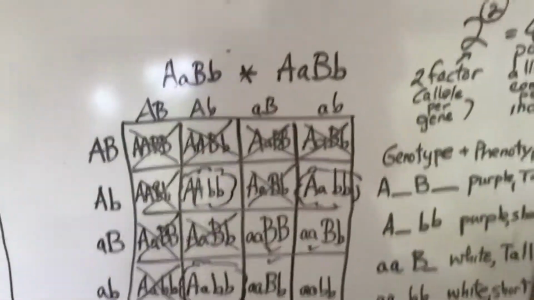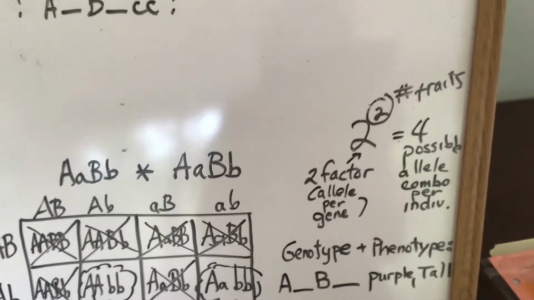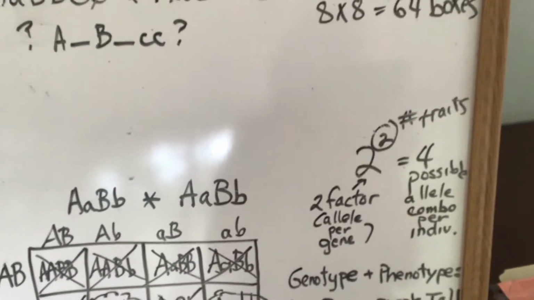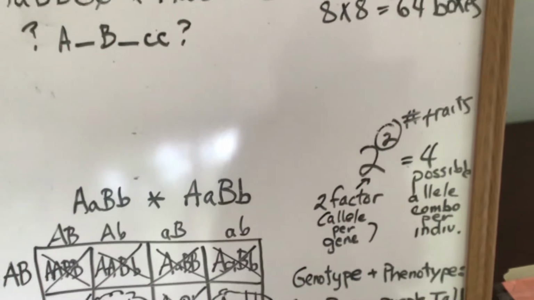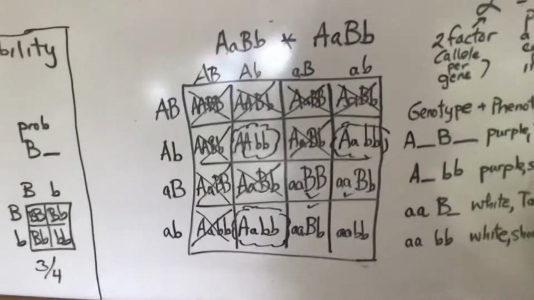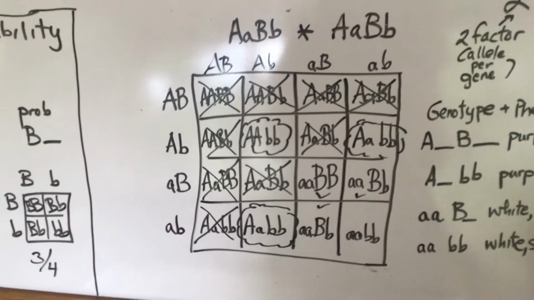So I have a maximum of 2 factors, and then I raise it to the nth degree, which would be the number of traits that I'm considering. In this case, I have 2 factors and 2 traits, so it's 2 to the 2, or 4 possibilities, or that is a 4 by 4 Punnett square. That would be 16 boxes, okay?